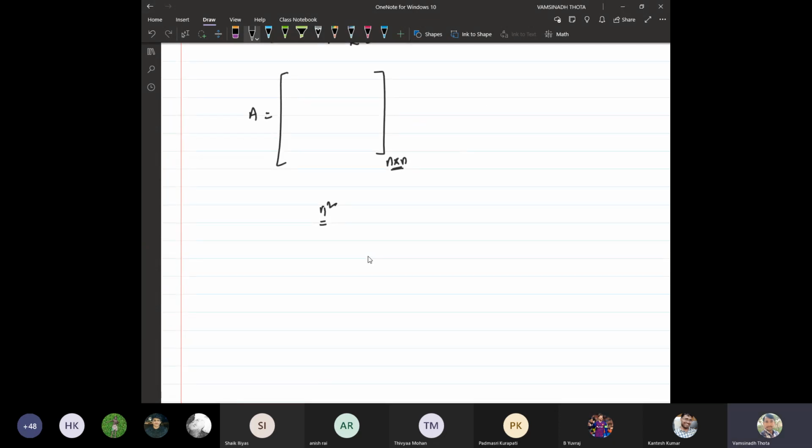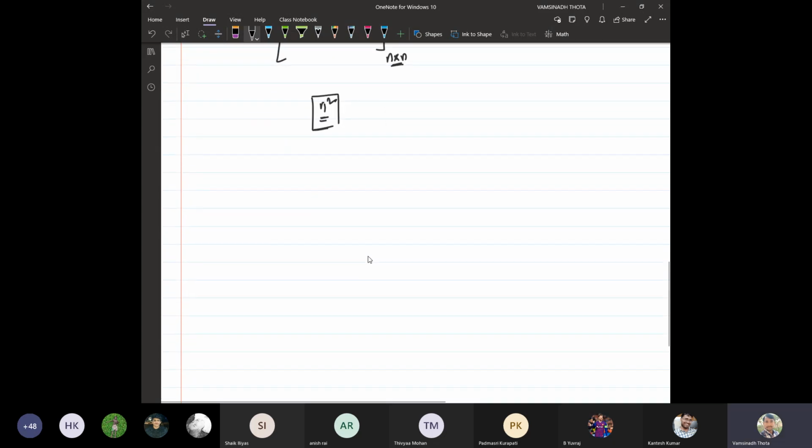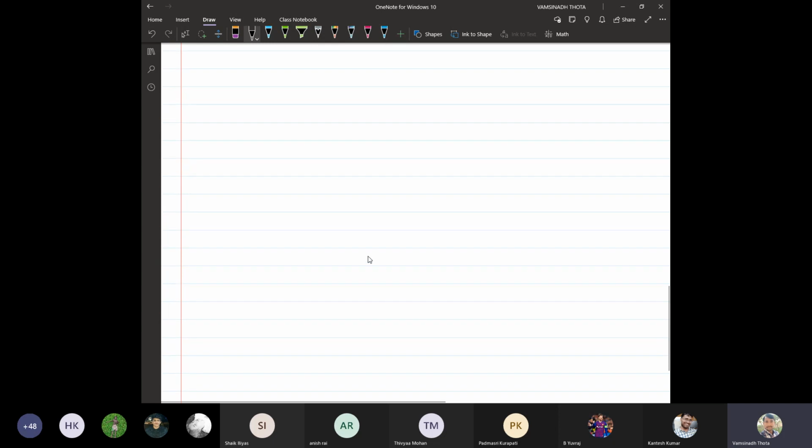Now what is the problem? How to get rid of this situation? Is there any other technique? Of course, there are some techniques. The technique I'll just explain here: we are interested in decomposition of a square matrix into LU form.